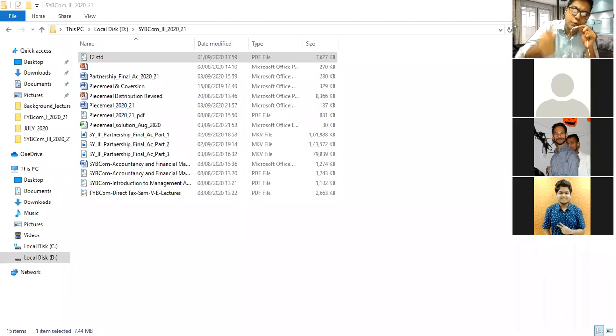And in your notebook, if question number one is there, it is very simple to understand the answer, how to prepare the trading account, profit and loss account, and balance sheet. So one thing you have to do after completing this particular lecture: you should prepare the profit and loss account and balance sheet.